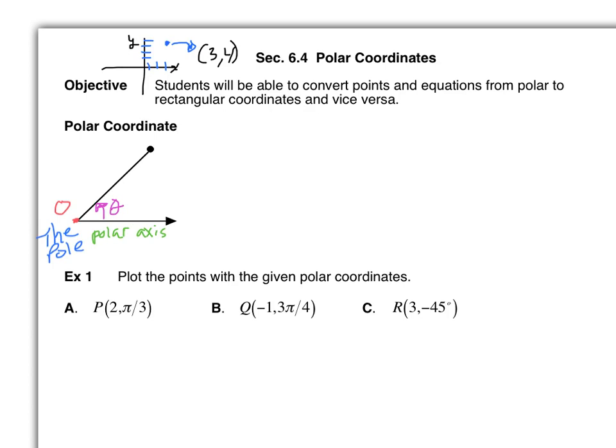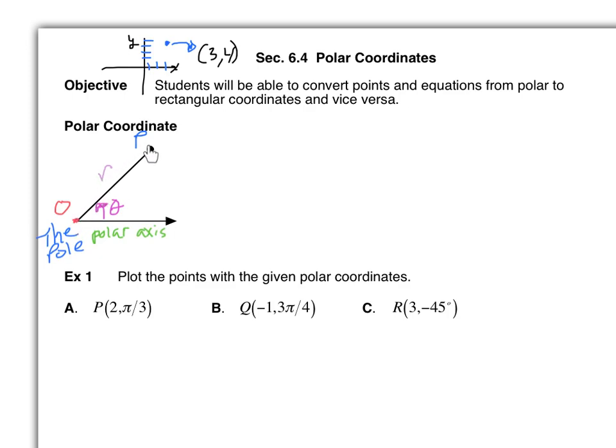Then we have this distance from here to here. I'm going to call this point right here point P. And this distance to point P is R. And so let's put point P in there as well. You used to know R as magnitude on a vector, right?